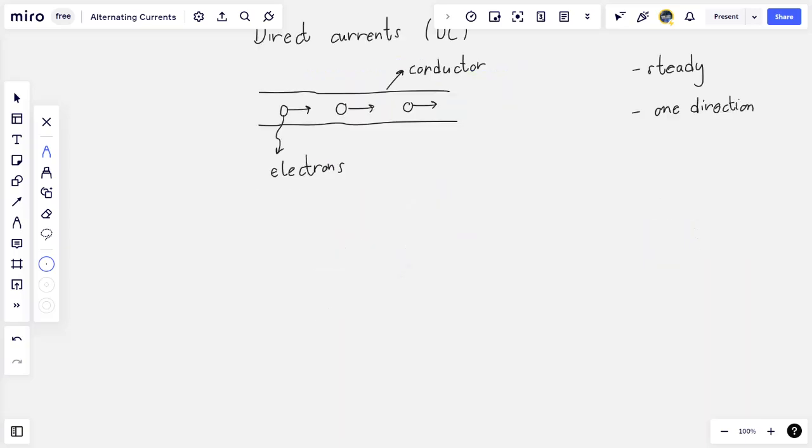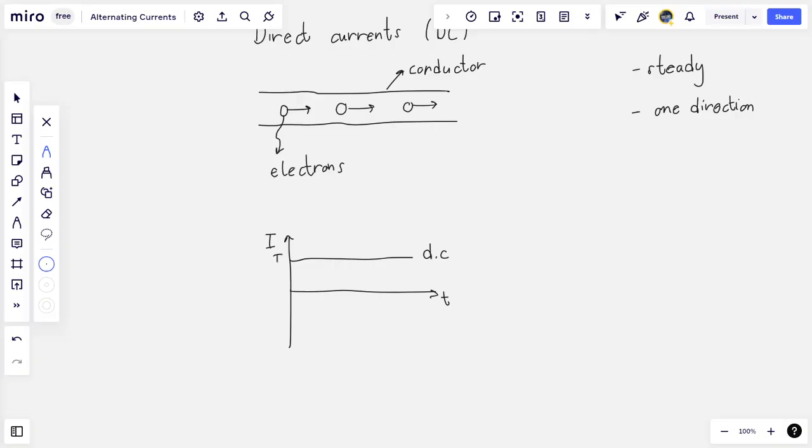And so the graph of current versus time, if I were to plot this graph, or sketch this graph at least, would be fairly uninteresting. So I against T for a DC current would just be a straight horizontal line.